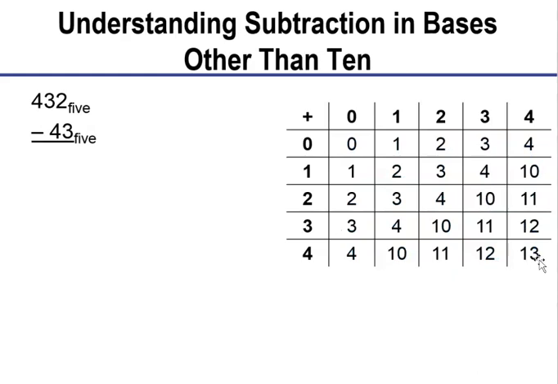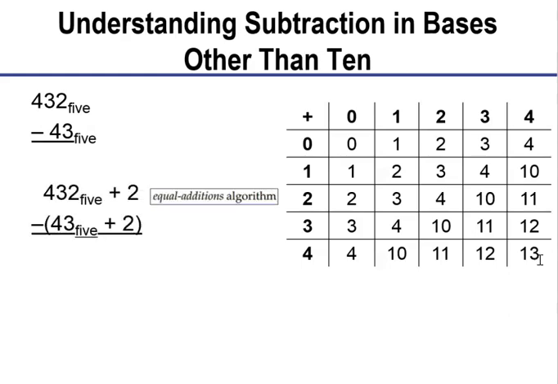Now, what are we going to do with that table? Well, let's see if we can do the subtraction problem. So notice what's happening here. We are not trading in right off the bat. We're taking our subtrahend, which is 43, and we don't read it as forty-three, right? It's really 4 3, just like we're taking 4 3 2 base 5 and subtracting 4 3 base 5.